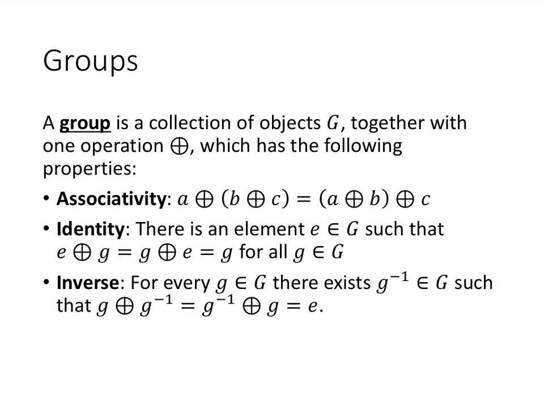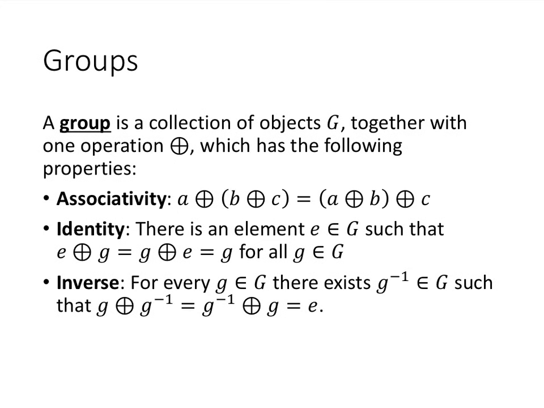So speaking of groups, that's going to be the first type of algebraic structure we're going to talk about. I'm talking about these algebraic structures kind of in order from least complicated to most complicated, although you can kind of argue that. It's really in the order of fewest properties to most properties.